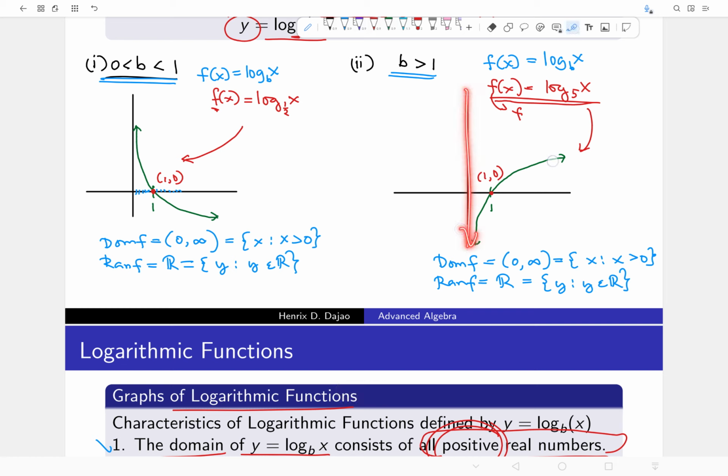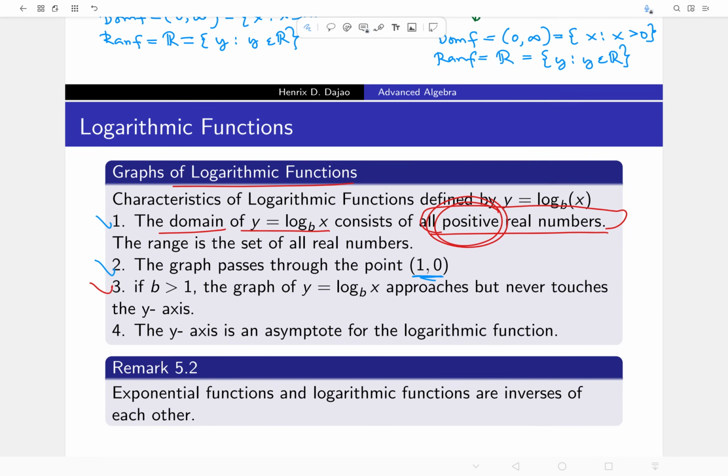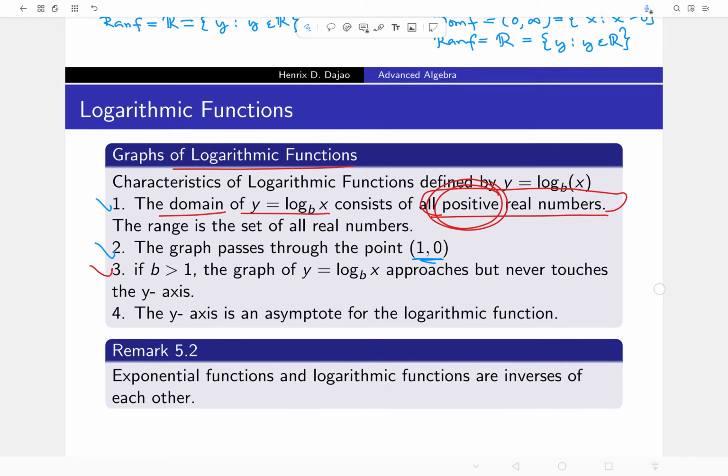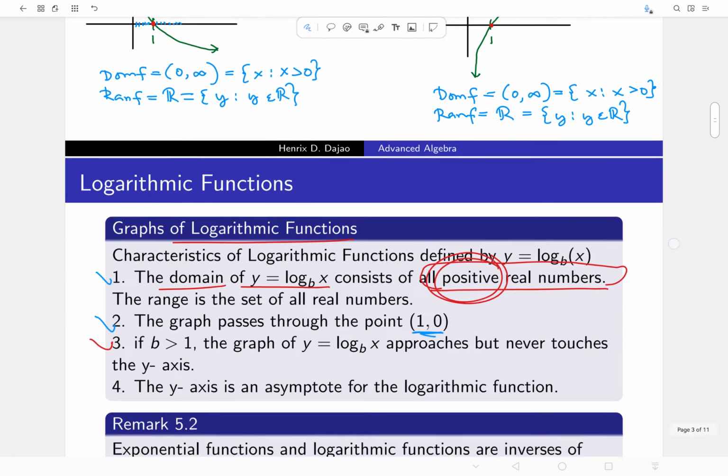So of course the y-axis is a vertical asymptote for the logarithmic function, whether b is between 0 and 1 or b is greater than 1.